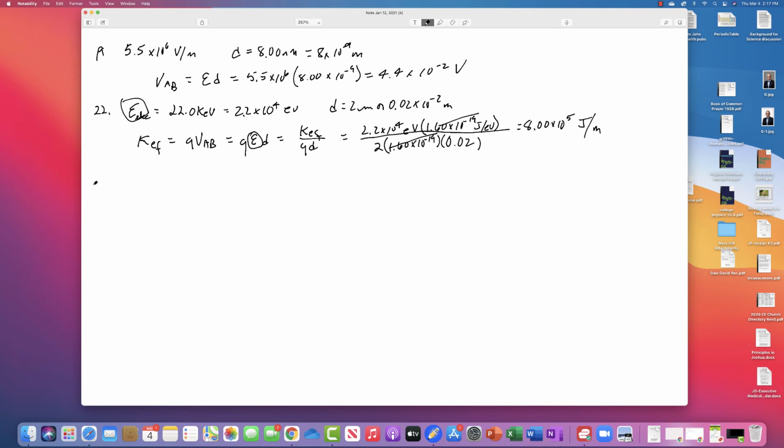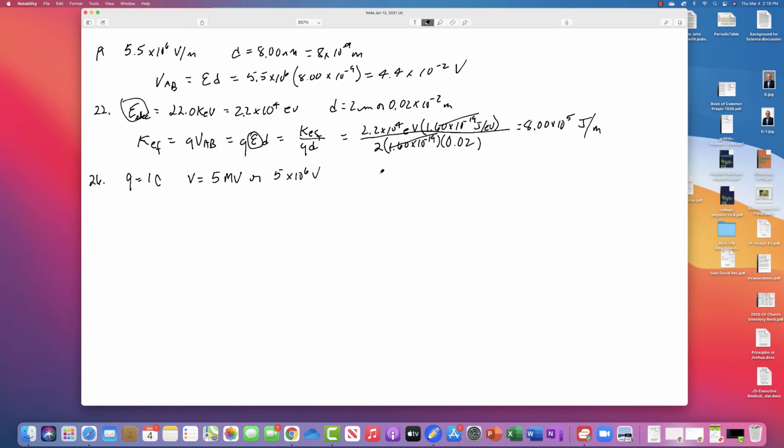All right, number 26. A sphere has a surface uniformly charged with 1 coulomb. At what distance from its center is the potential 5 megavolts? What does your answer imply about the practical aspects of isolating such a large charge? So Q here is 1 coulomb, and V is equal to 5 megavolts, or 5 times 10 to the 6th volts.